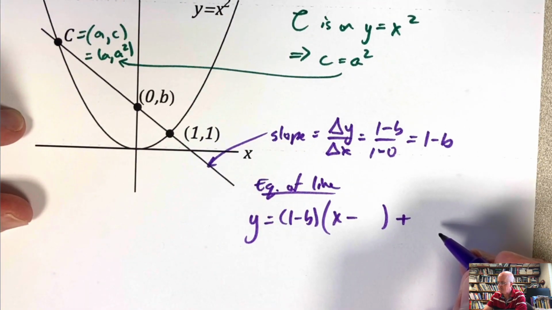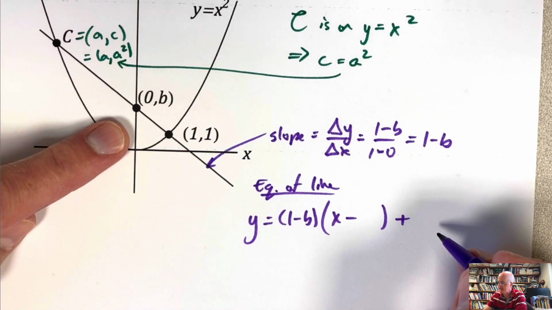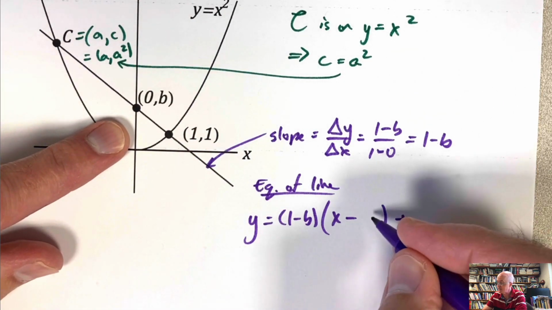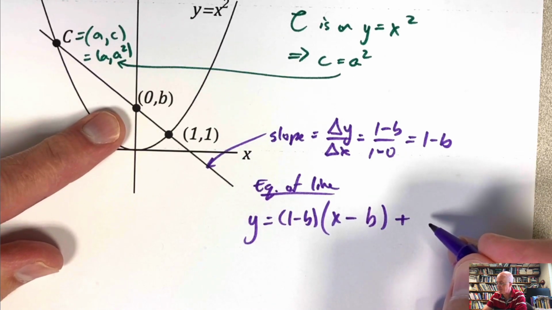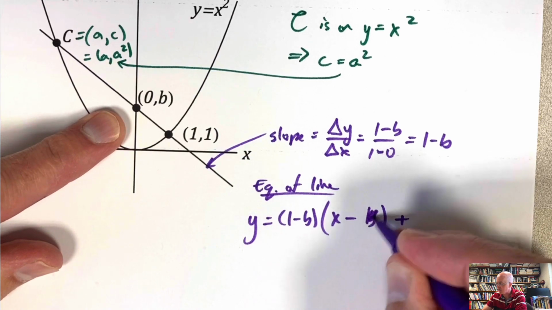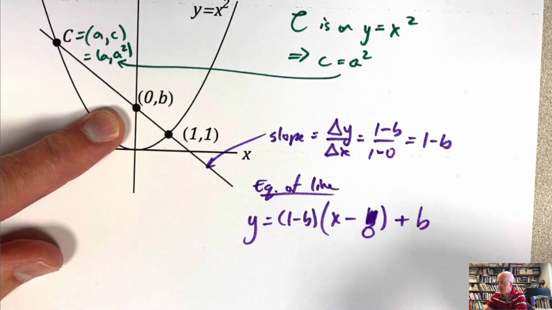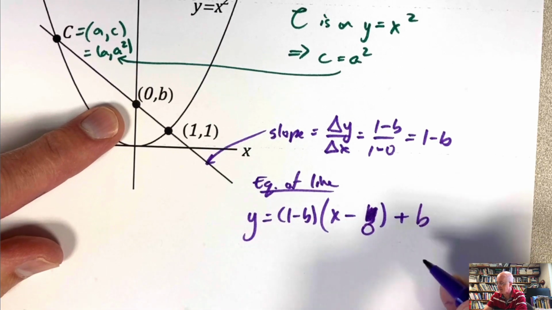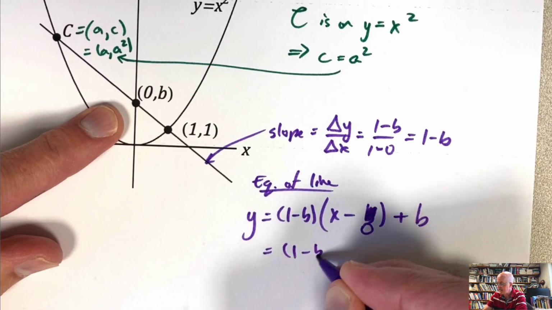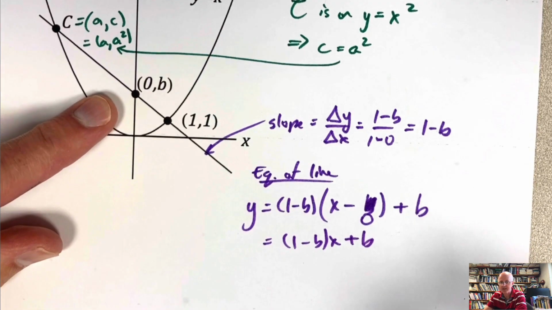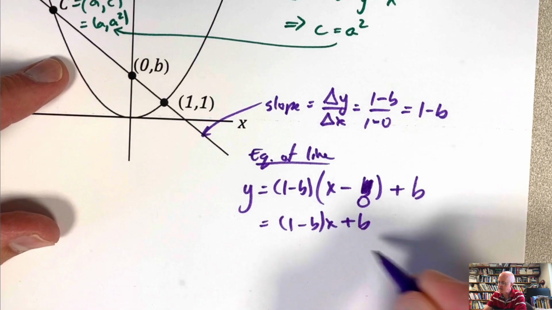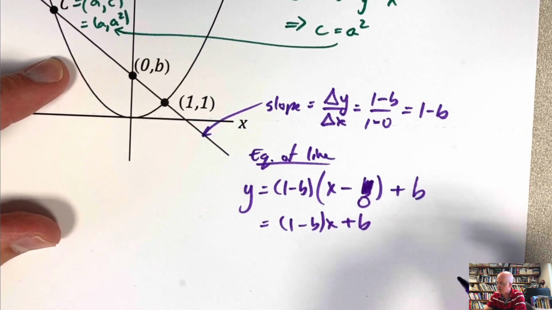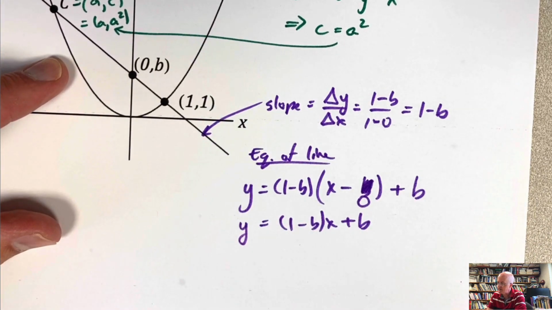Technically, it doesn't matter, but it'd be simpler to use this point here, 0, b. 0 in there, b out there. I didn't even need to write x minus 0 because it's just x. 1 minus b, times x, plus b is what this simplifies to. I could have written that without thinking about point slope. So there's the equation of the line in terms of b.